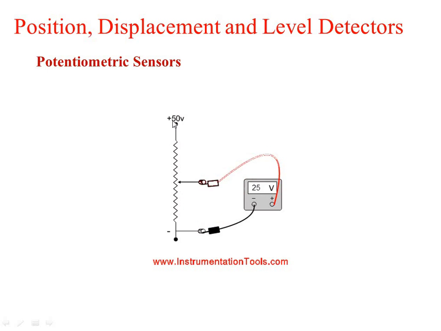This is how potentiometric sensors are used for displacement, and if you apply them with some mechanical mechanism, you can also use them for level indication. Let us consider this is the level and this is the float, which is connected to this resistor.